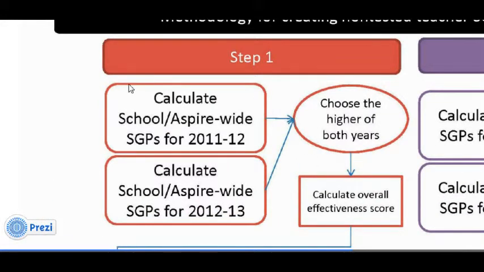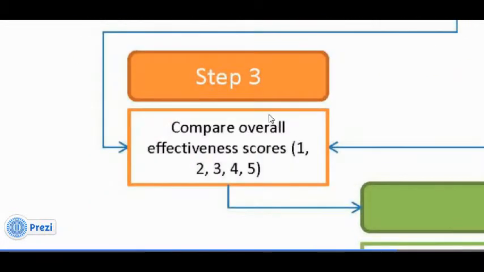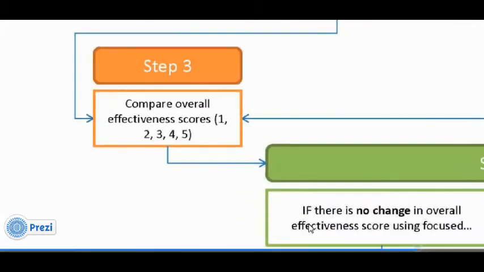The first thing we did was calculate a school or Aspire-wide SGP for both 2011-12 and 2012-13. We chose the higher of those scores and then calculated your overall effectiveness score using school or Aspire-wide. Then we did the same thing for focused. We calculated a focused SGP for 2011-12 and 2012-13, chose the higher of both years, and calculated your overall effectiveness score. Then we compared your overall effectiveness score using both school-wide or a focused SGP.